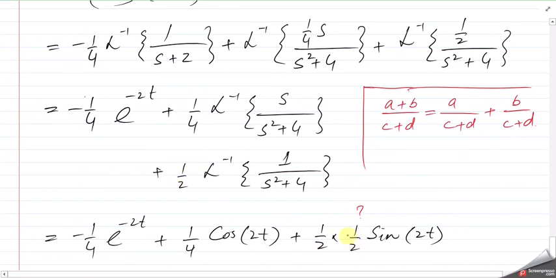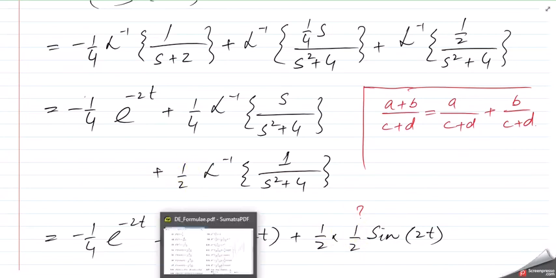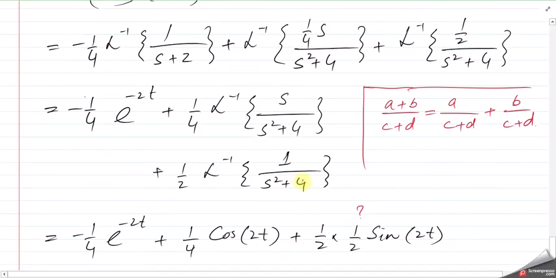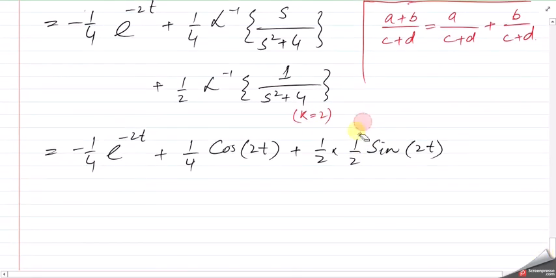Why did I write this 1 by 2 here? Make a good guess. Because there is 1 over k. In the case of sine formula, whatever is over here, k, we also write 1 over k outside. So our k is 2 here. K is 2. So that's why 1 over 2 sine 2t. Okay? So that's why there is an extra 1 over 2 here.